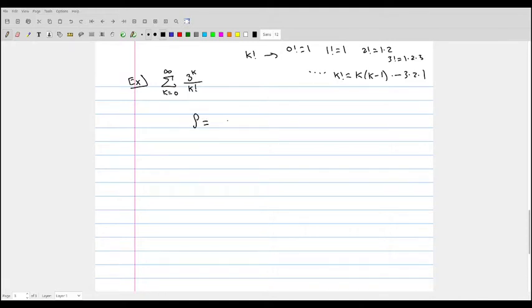So for this example, this will be the limit as k goes to infinity of 3 to the k plus 1 divided by (k plus 1) factorial over 3 to the k over k factorial, which is the same thing as the limit as k goes to infinity of k factorial over (k plus 1) factorial times 3 to the k plus 1 over 3 to the k.